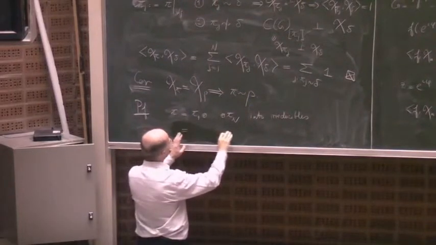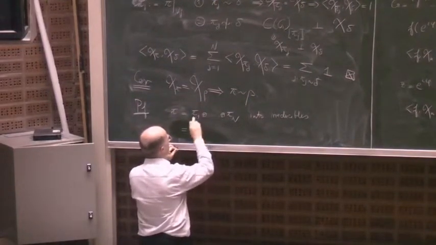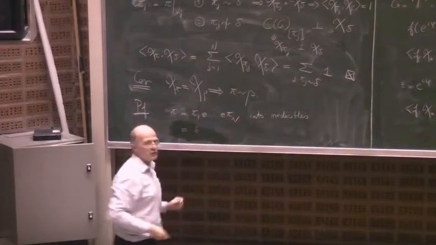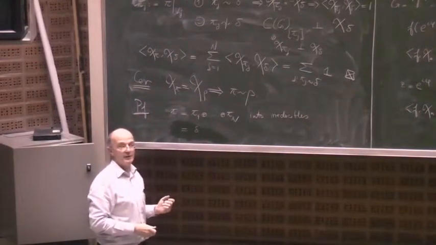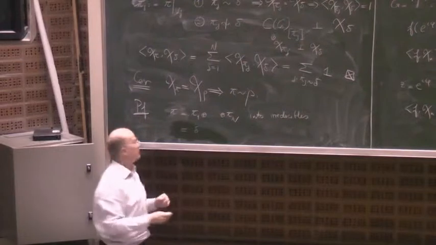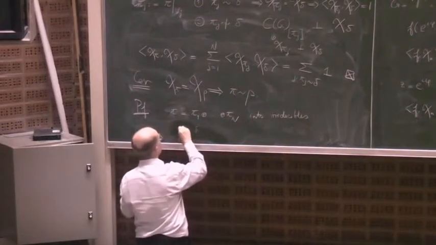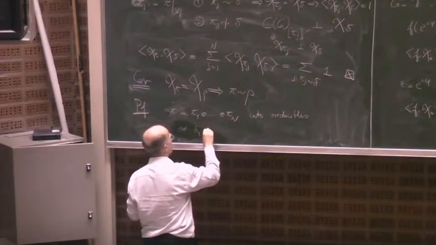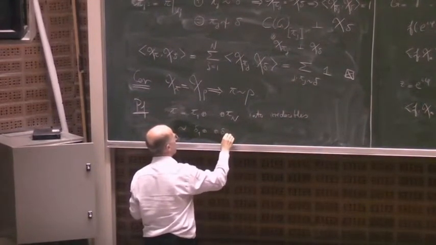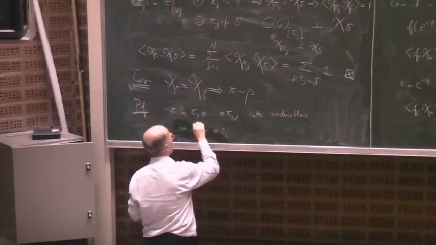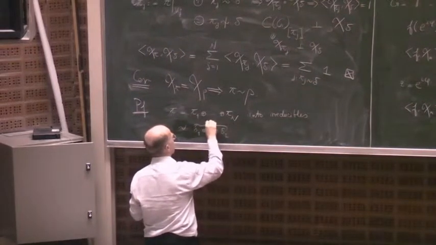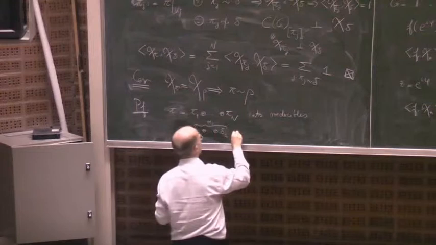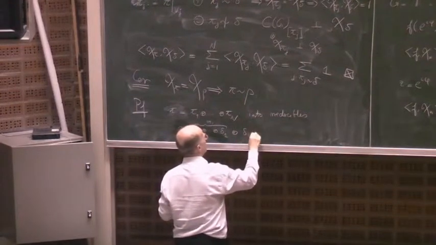Of course, some of the representations could be mutually equivalent. Collect those together, and then we can say that this is equivalent to: take an irreducible representation delta 1 and take a number of copies. This number is called M1, and keep doing this.